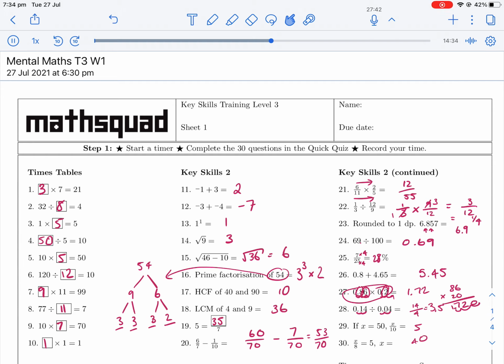So we've got 198 over 100, which is the same as 1.98. So that's the 6%. It says increase 33 by 6%. So 33 plus 1.98 equals 34.98. Right, simplifying. 6 minus 1 minus 5.